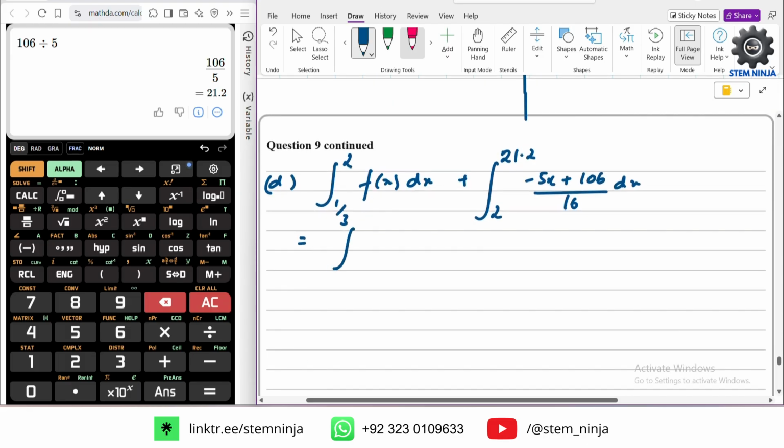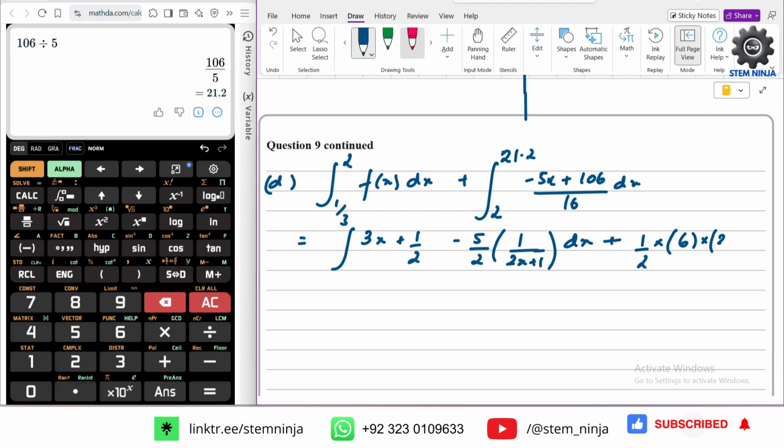So like the integral of 3x plus 1 over 2 plus minus 5 over 2, 1 over 2x plus 1 dx. First, let's figure this out. Plus half times 6 times 21.2 minus 2. 1 over 3, 2. Okay.